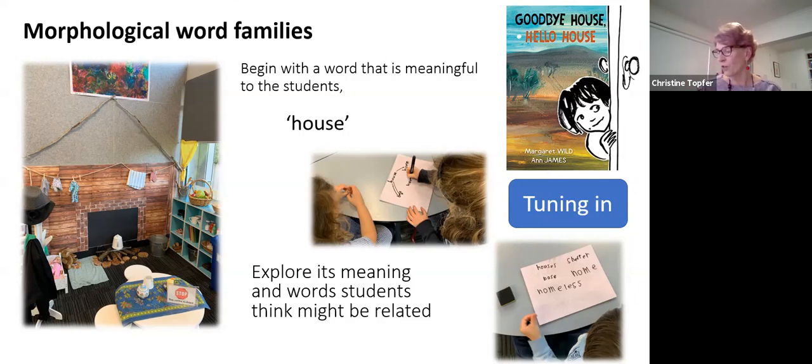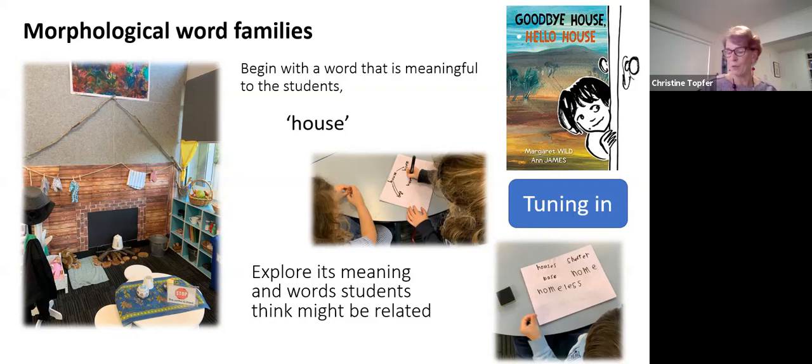So the children learned that the word house comes from Old English. It was a very old word, and it means dwelling or shelter or building designed to be used as a residence, as a place to live. And they discovered that the main difference between the words house and home was that house was like concrete.